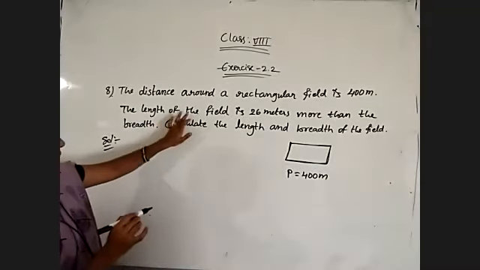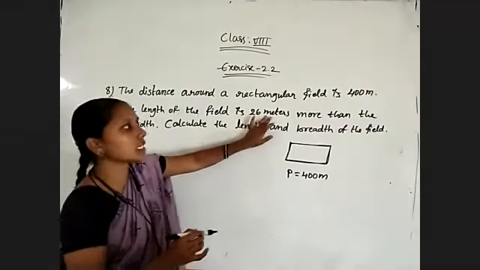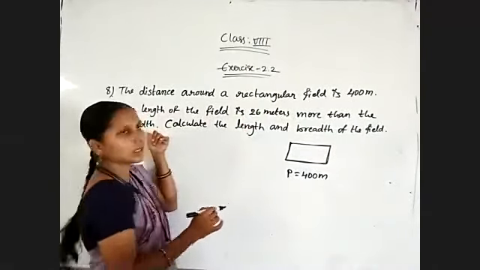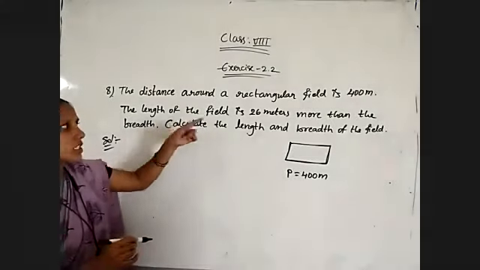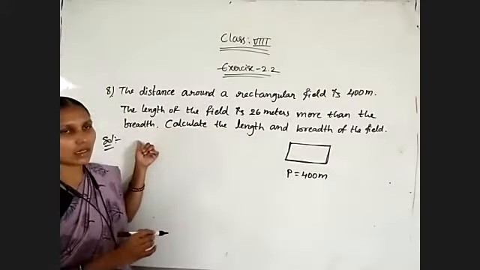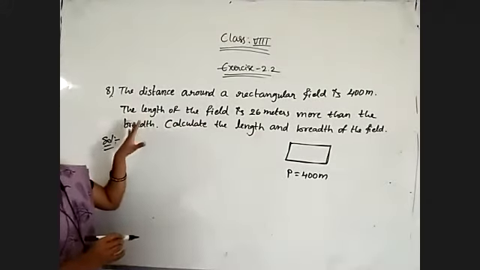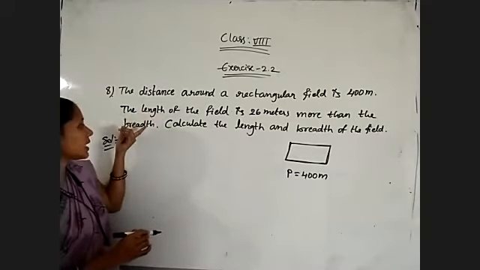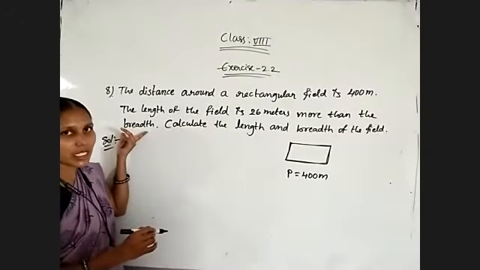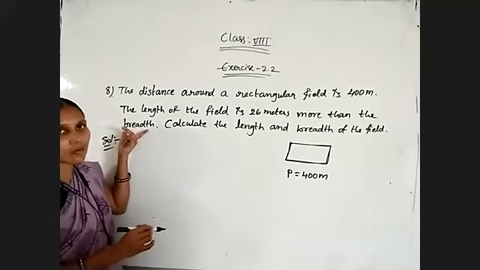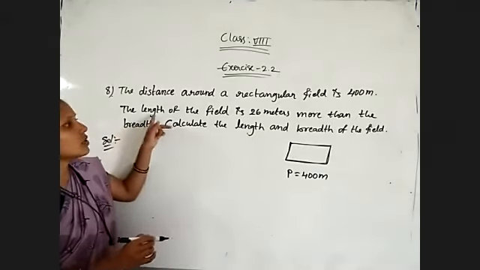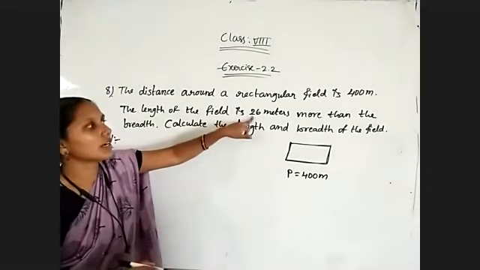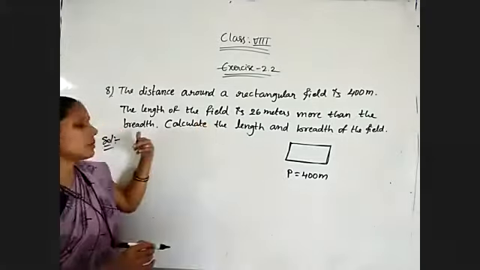The length of the field is 26 meters more than the breadth. They did not mention what the length is, what the breadth is. So they have given some relation between length and breadth. So here length is represented in terms of breadth. The second quantity is breadth, so let the second quantity be the variable. Let it be x. So L will be equal to 26 meters more than the breadth.